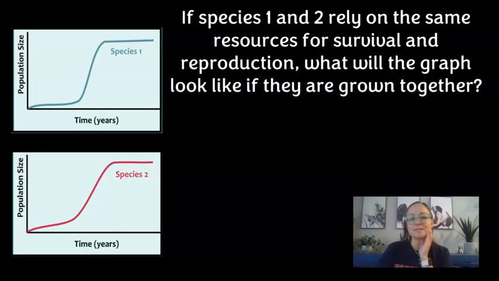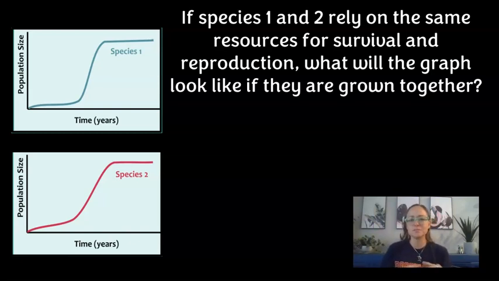So if we look at some experiments that have been done on different species, especially fast-growing species in petri dishes and things. If you have species 1 grown on its own, it'll eventually reach carrying capacity. Species 2 also will undergo exponential growth, and eventually reach carrying capacity.